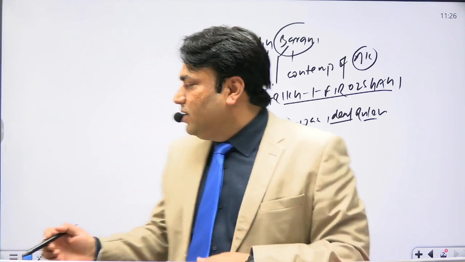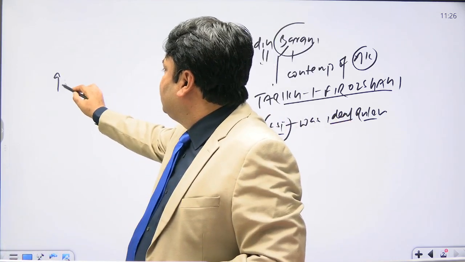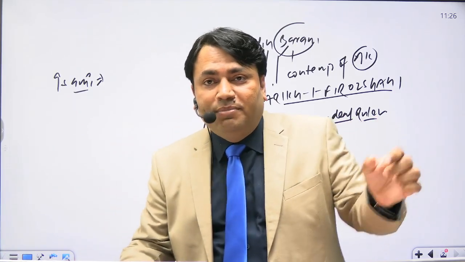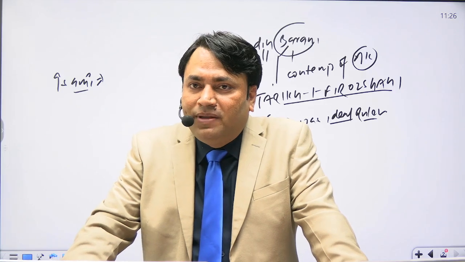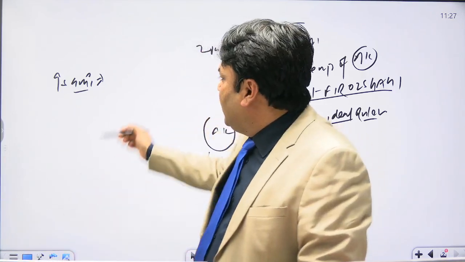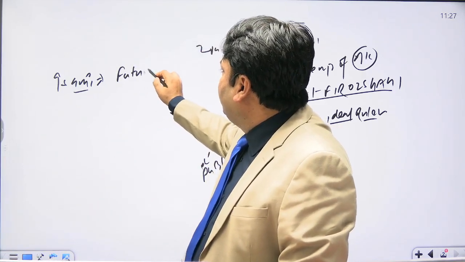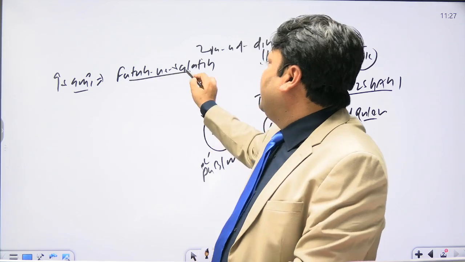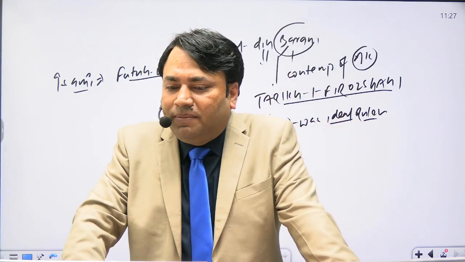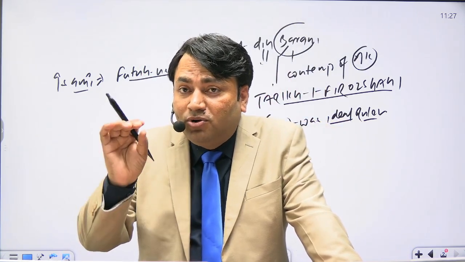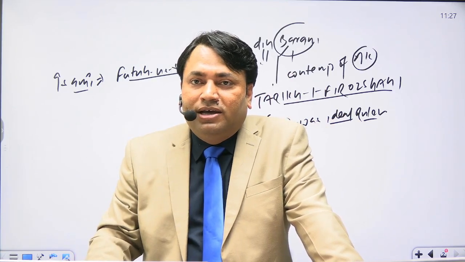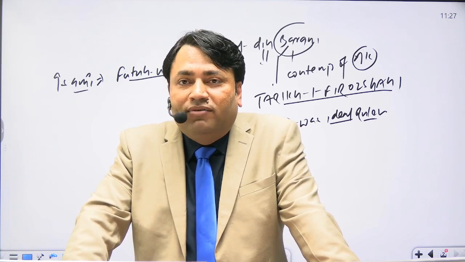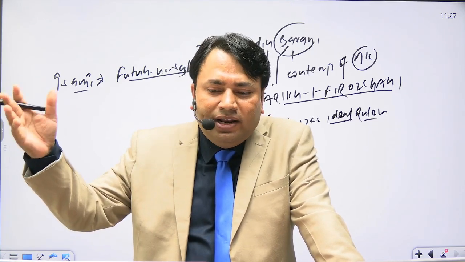In the same way, there is another writer, Isami, who is also a contemporary of Alauddin Khilji. Isami wrote a popular book called Futuh-us Salatin. This book is also an important source of historical information for medieval India up to 1349 AD.